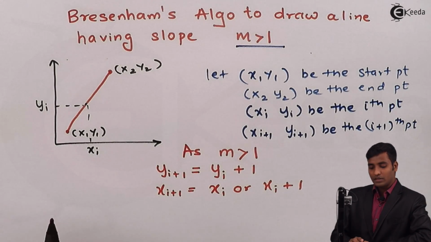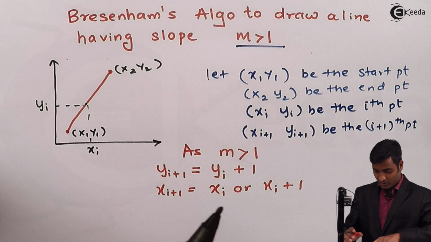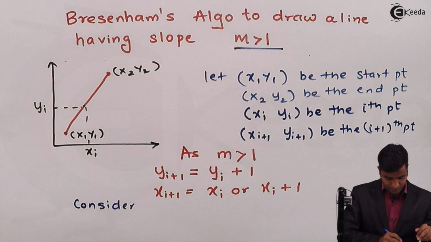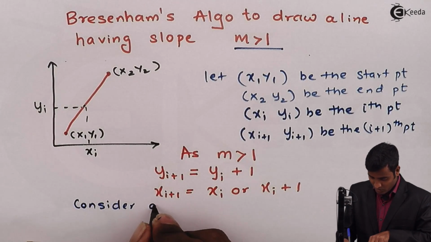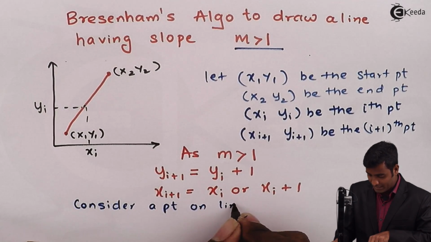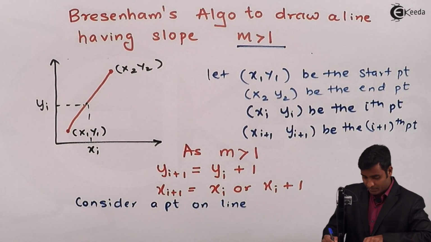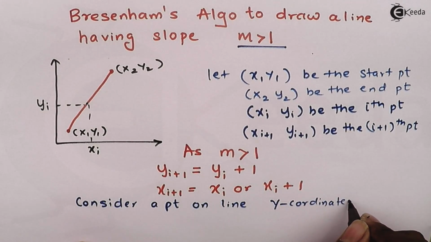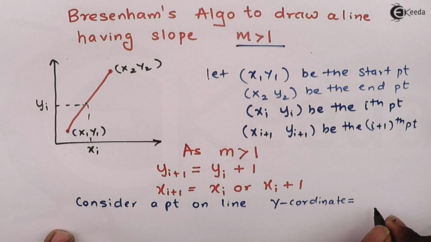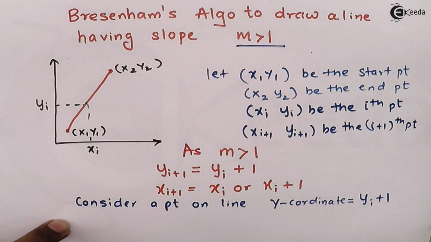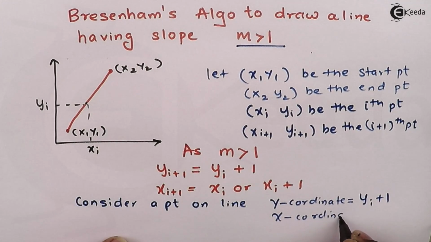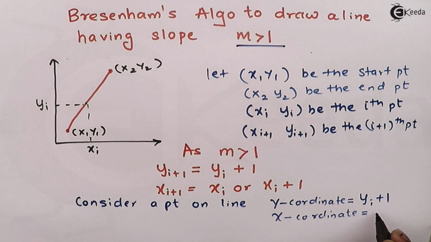So now consider a point on the line whose y coordinate is yi plus 1 and x coordinate is x, which means that it is unknown.